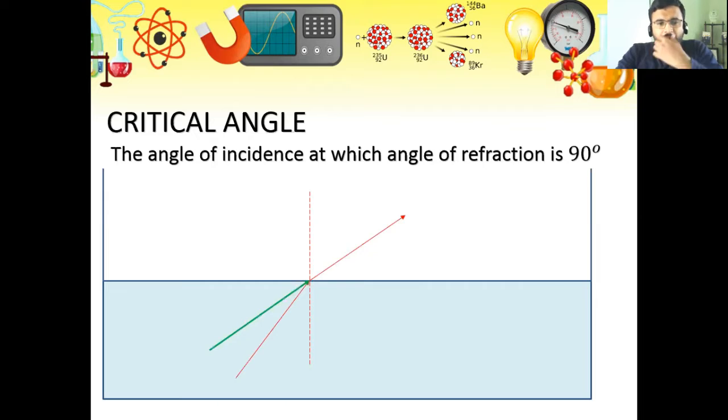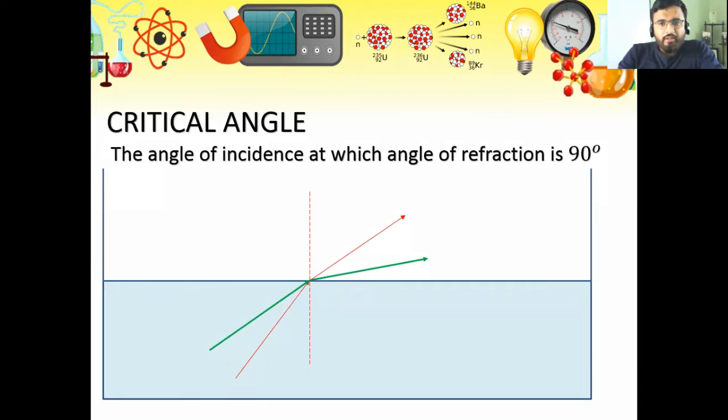However, if we increase the angle of incidence, shown with the green light, the angle of refraction will also change. So for the first light ray, the angle of incidence is this, and the angle of refraction is this. However, for green light, the angle of incidence increases and the angle of refraction also increases.